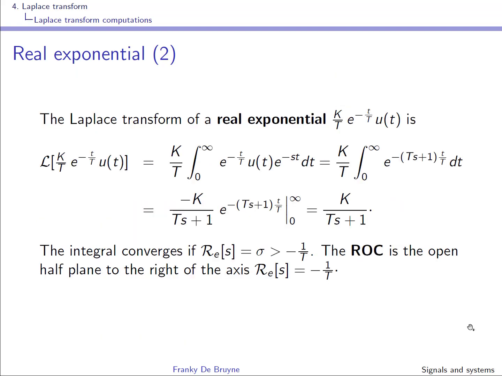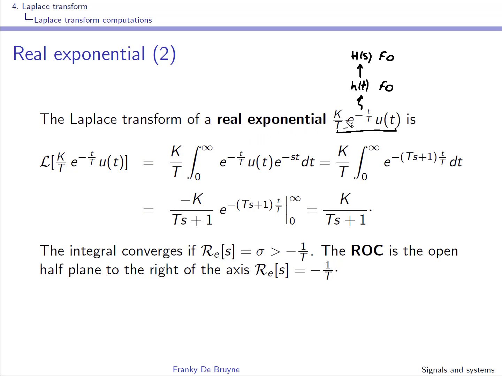So let us take the Laplace transform of another real exponential signal, this one over here, and you might remember that this signal is the impulse response of a first order system. We'll see later that if you take the Laplace transform of this one, you end up with the transfer function of a system, and we'll come back to that later.